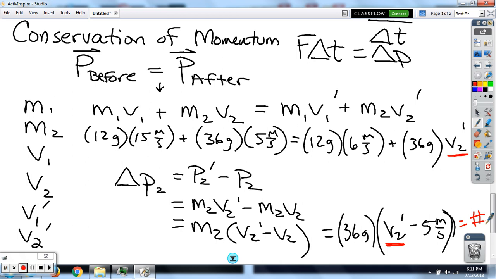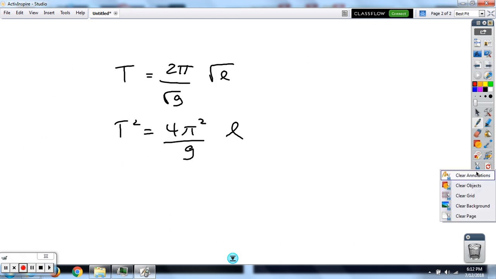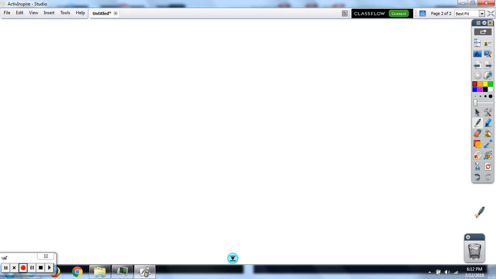Now, if I skip 2 and go to number 3, now we have a situation where we're dealing with angles. And now this conservation equation has to be considered more in terms of vectors a little bit more carefully. So in this case, you have two objects.